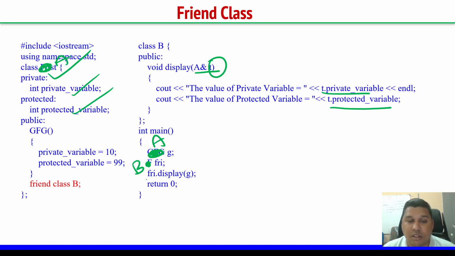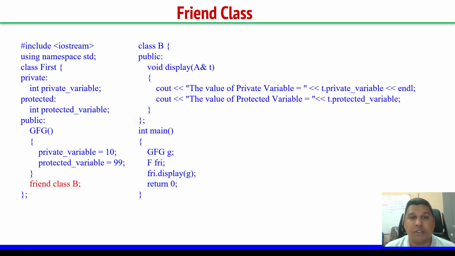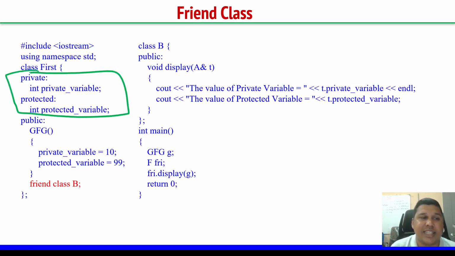So fry dot display of g, it means the object of class A I am passing here. To receive the object, we receive it like this and we are able to access. So friend class means all the private and protected variables you have inside the original class can be accessed inside your friend class.